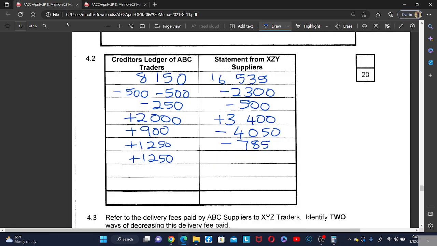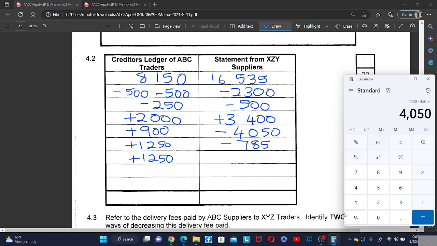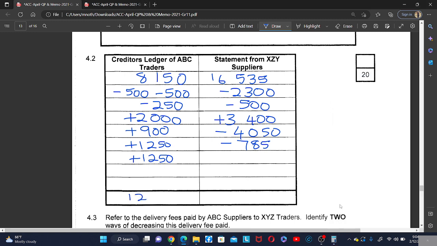So now let's check if it balances because this is supposed to balance. If it's not balancing, it means that you did something wrong. So the answer is 12,300.